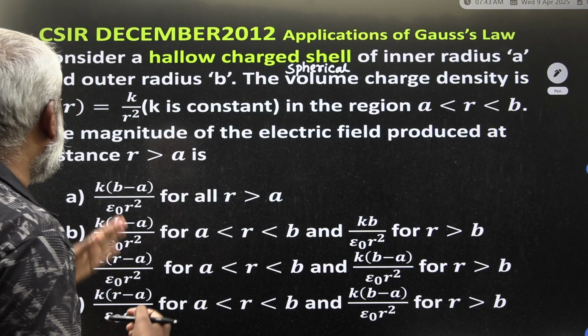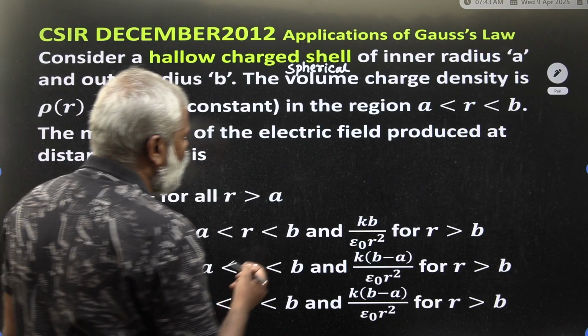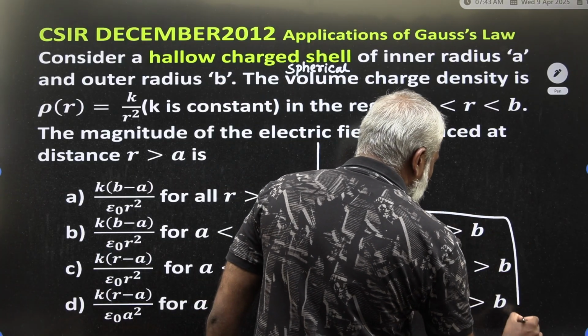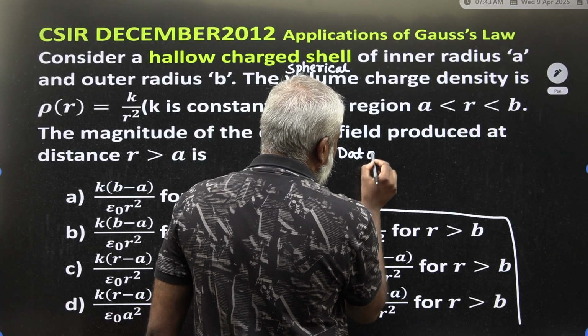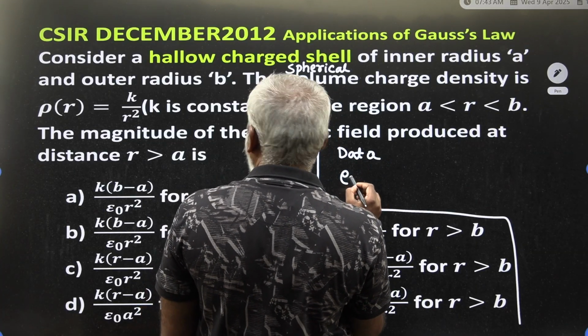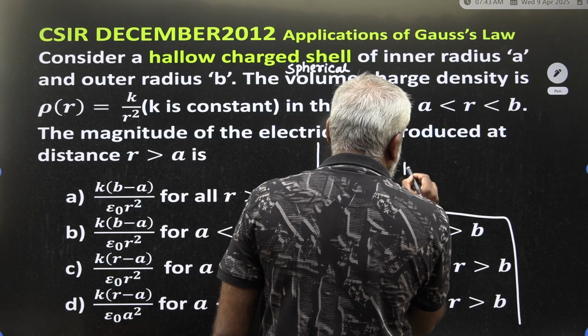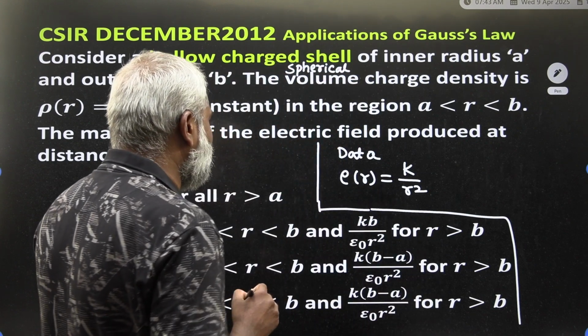The volume charge density they are giving, I am writing here. The volume charge density rho of r is equal to k by r square. This is the volume charge density.